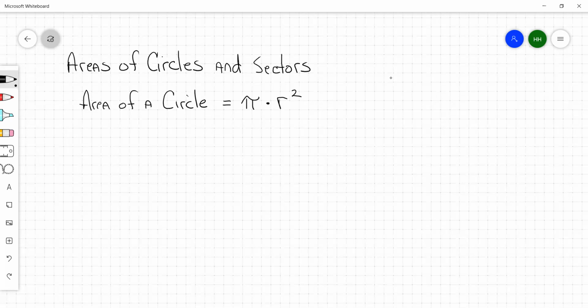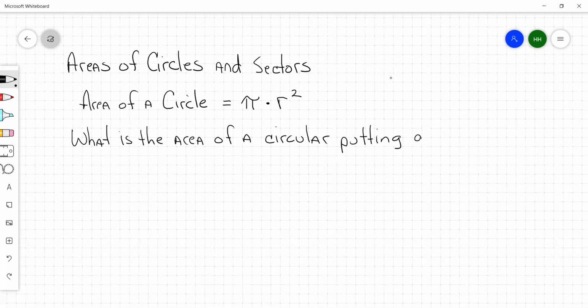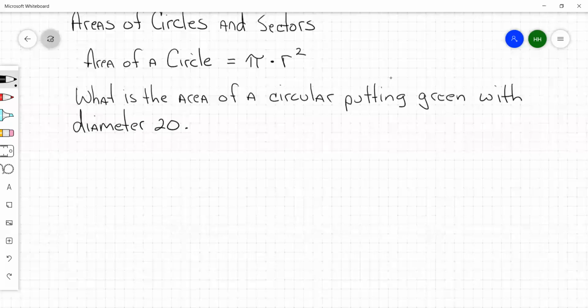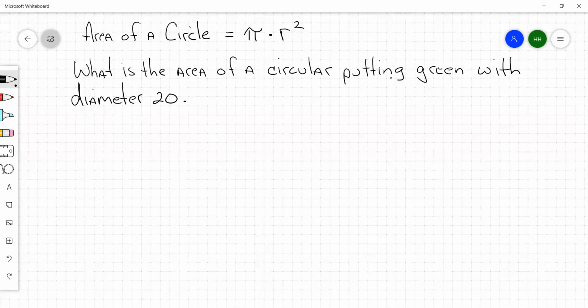So some of the questions you'll get today will be like, what is the area of a circular putting green with diameter 20? Area of a circular putting green with diameter 20.